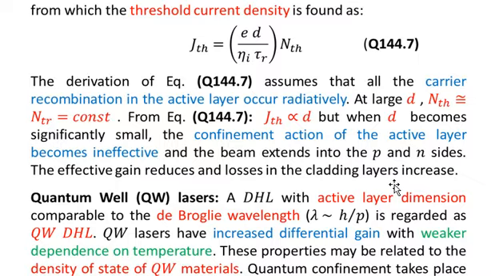So the main objective is that we should keep the beam confined in the active region, and the beam should not penetrate into the p-type and n-type material, otherwise the system becomes inefficient, the effective gain reduces and the losses in the cladding layers increase.